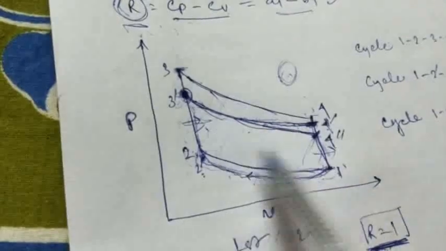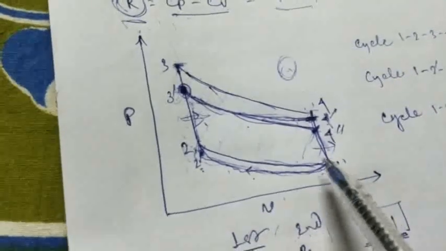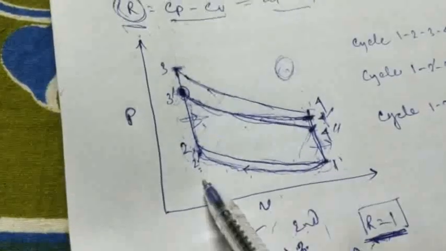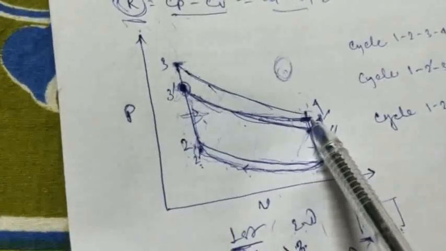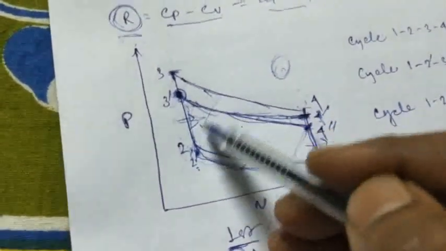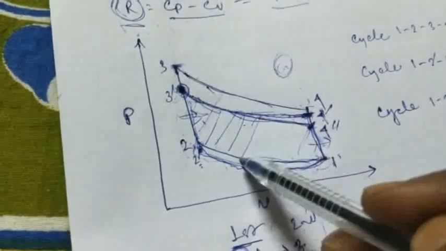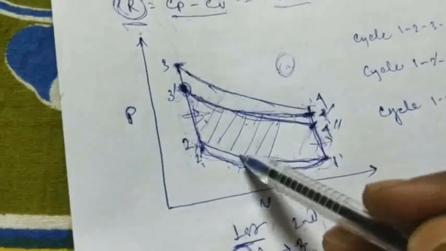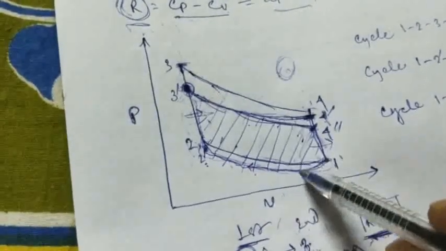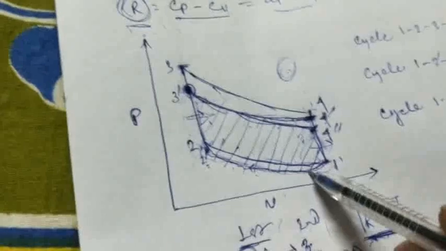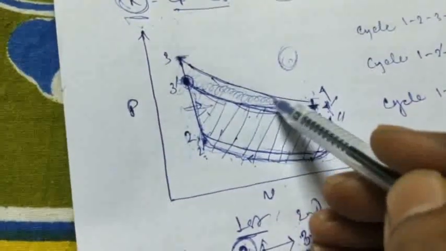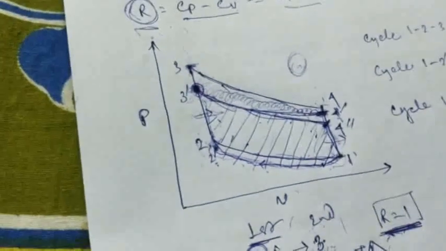Now due to variable specific heat, our net work output becomes 1, 2 dash, 3 dash, 4 dash. So from this graph we clearly see now our net work output is this much. This portion of the work has been diminished.